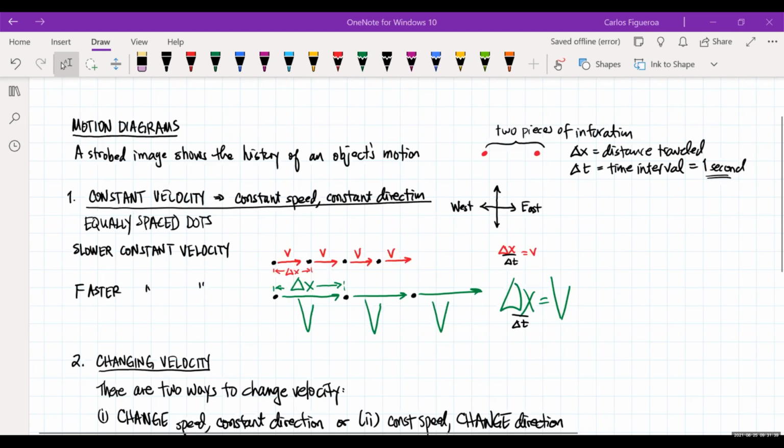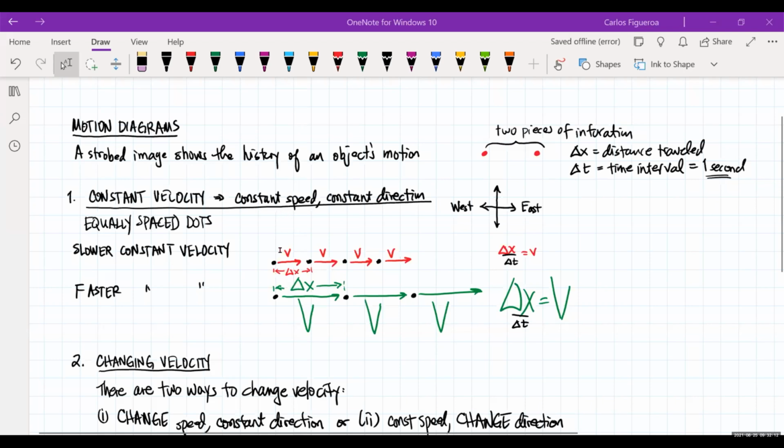Cameras are much faster. And if I remember correctly, I think cell phones are, I believe it's 0.15 seconds every time that it actually flashes. So what we're doing here is that if I have constant velocity, we showed that we had equally spaced dots. Those equally spaced dots told us that we were moving at constant speed and constant direction.